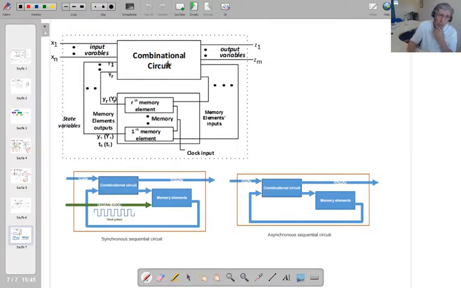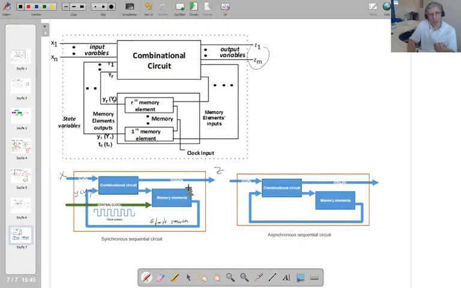So you have a combination circuit here, with input variables, and these are the state variables here, coming from the output of the memory elements applied to the combination circuit. Output of the combination circuit is my sequential circuit output. So these are Z's, these are X's, and this is small y and capital Y's.